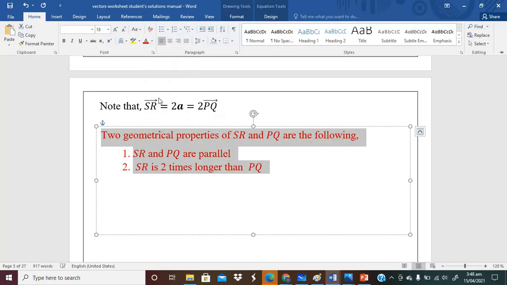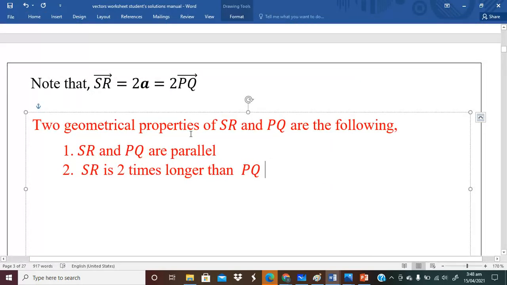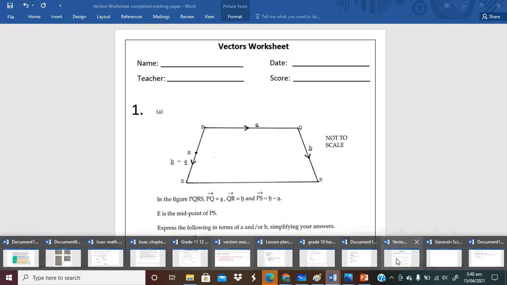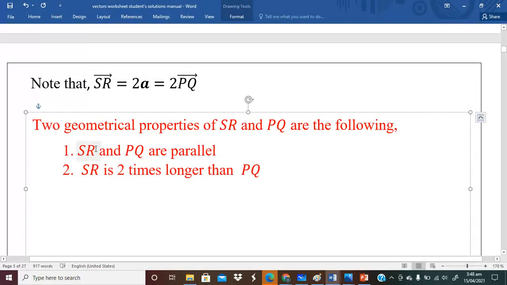This is the answer for the question. Two geometrical properties of SR and PQ are the following. Number one, SR and PQ are parallel, and SR is 2 times longer than PQ. So they asked for the two geometrical properties of SR and PQ, and here are two. Number one, SR is parallel to PQ, and number two, SR is 2 times longer than PQ.